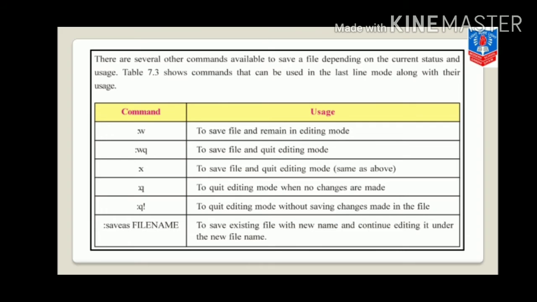Colon q exclamation mark, quit editing mode without saving changes made in the file. And colon saveas filename: if we write this, we save the existing file with a new file name and continue editing under the new file name. Got it, children? Here we can change the file name with this command.